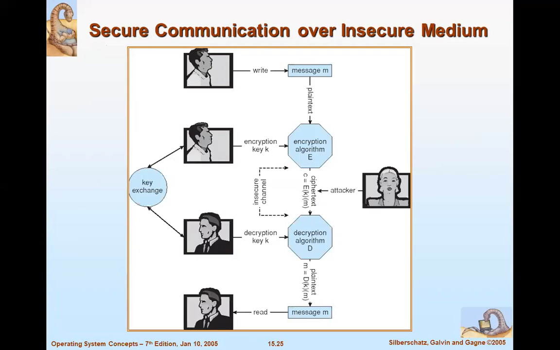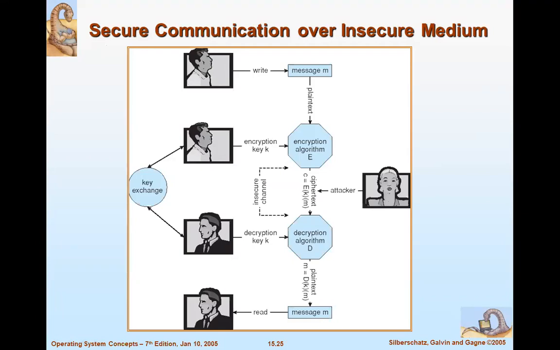The sender node writes a message M, it is sent as plain text, and then with the help of this encryption key, it is converted into ciphertext.